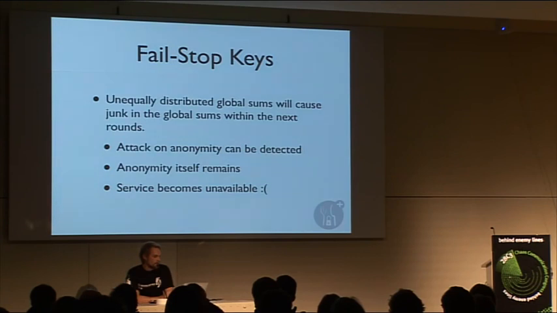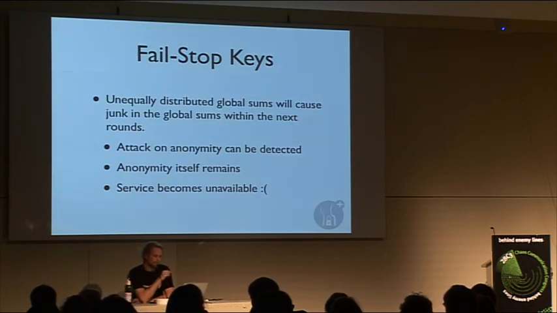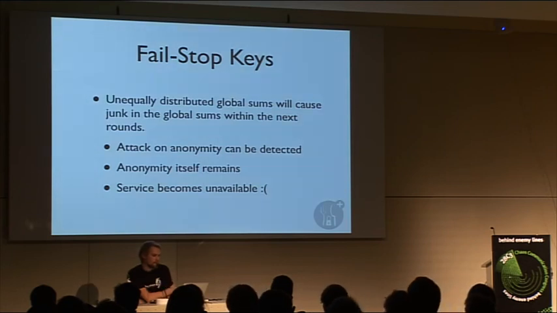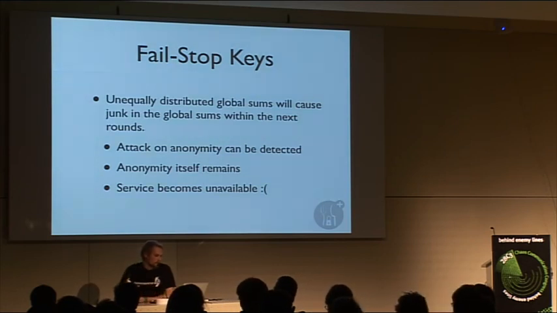Fail stop keys would cause junk when global sums are unequally distributed. So unequally distributed global sums would cause junk in the global sums. So the attack on the anonymity can be detected, because if you do not observe your message on the network, then you know that somebody attacked or maybe tried to attack the anonymity, and you can react somehow.